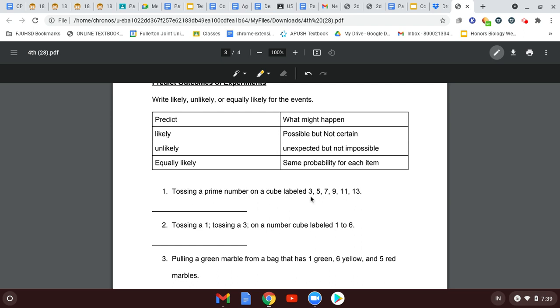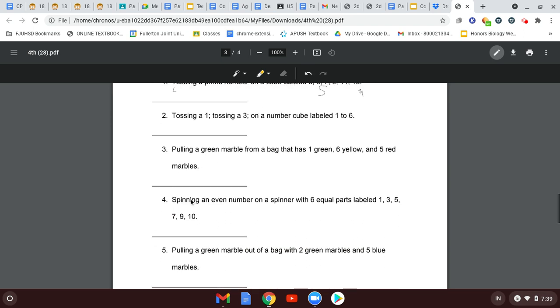Out of these 6 numbers, there are 5 prime numbers: 3, 5, 7, 11, and 13. 9 is the only one that's not prime. How likely is it to toss a prime number? Is it likely, unlikely, or equally likely? It's definitely likely, because there are more prime numbers, so there's more chance of getting it.